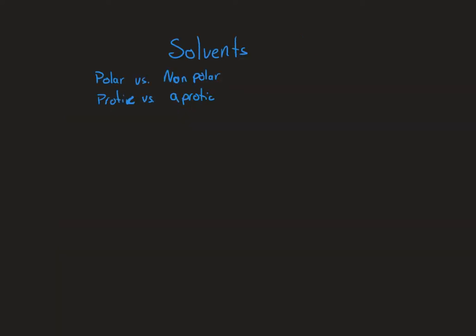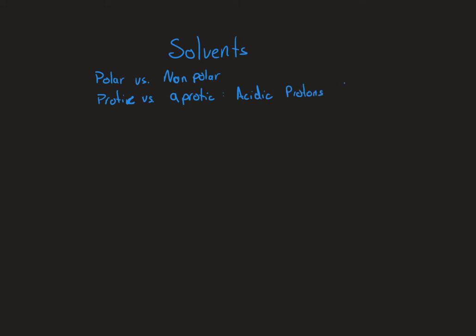The last main factor that affects SN2 reactions is the nature of the solvent the reaction takes place in. There are two different categories we need to consider. The first is polar versus nonpolar, and the second is protic versus aprotic. This just means whether or not it has an acidic proton. Protic solvents have acidic protons.